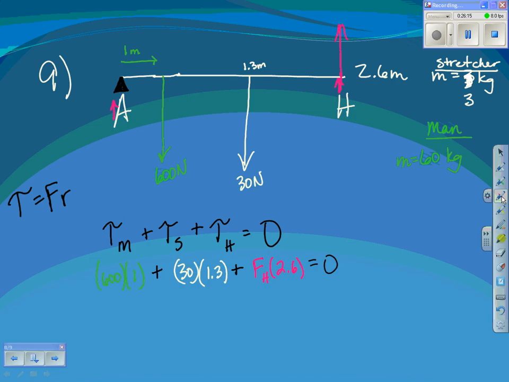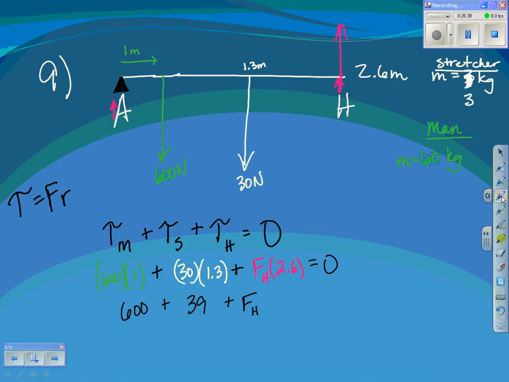Again, do your math properly. So now it's just algebra, and we are going to say that we have 600 plus our 39, I believe. Let's double check that in my calculator really, really quick. 30 times 1.3. Yep, 39.